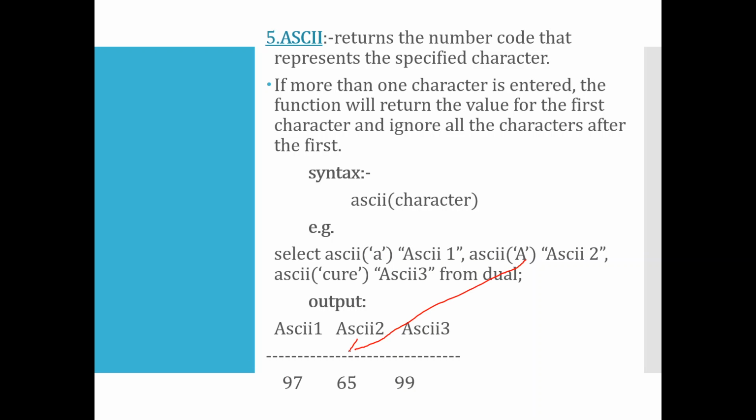ASCII of capital A is 65, and ASCII of this word cure is 99 because the first character is C. So the C's ASCII value will be the ASCII value of this particular word. But this is not important. We are not going to deal with this function anywhere in our queries. Even in the IT world, you are not going to use this ASCII function anywhere. So don't bother about it.